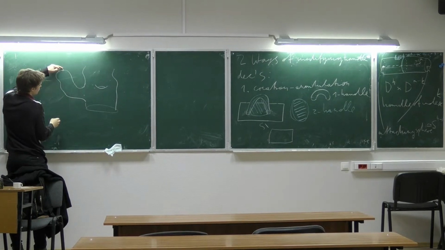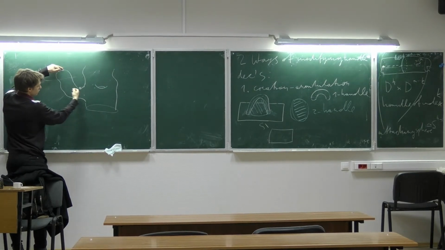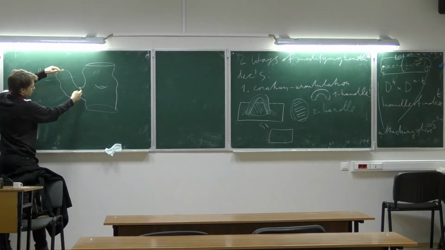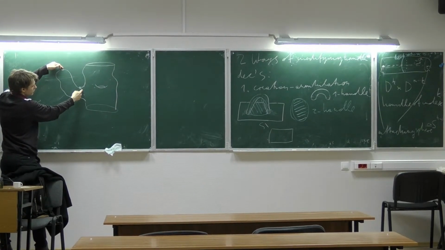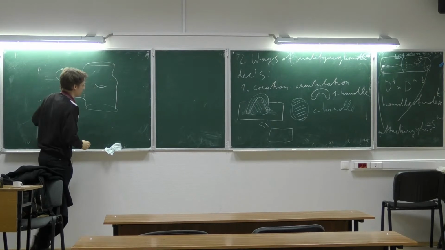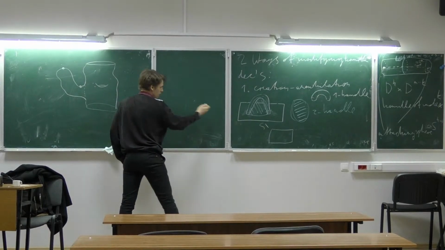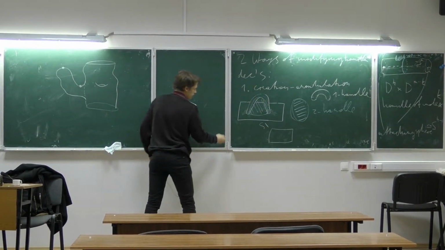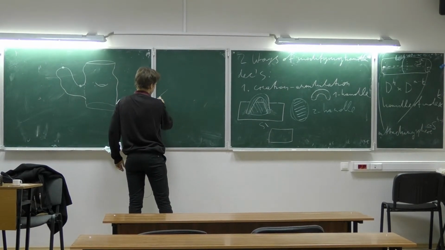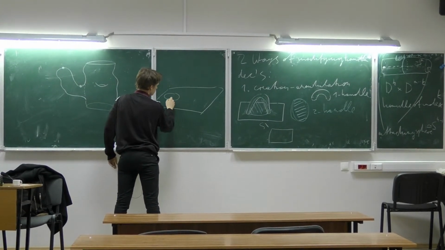Here it will be a maximum corresponding to one handle, and here it will be a saddle point. So you see from this two-dimensional picture that attaching a maximum and a saddle is equivalent to attaching nothing. And here you are attaching the handle as it is written here. I just want to draw it a little bit bigger.